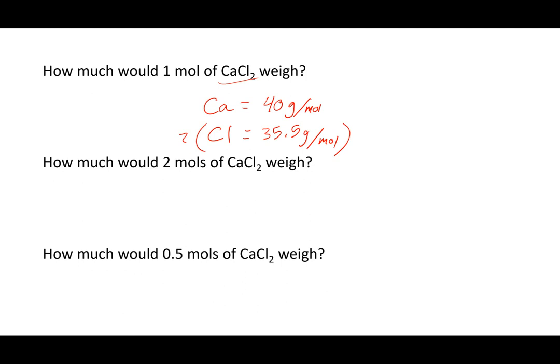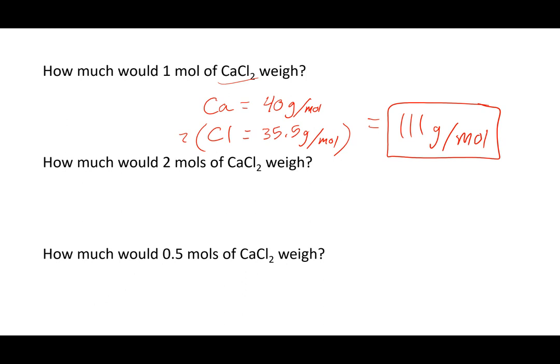And all of that together ends up being, let's do the math, 35.5 times 2 plus 40 is 111 grams per mole. And that's how much the molar mass is for calcium chloride.